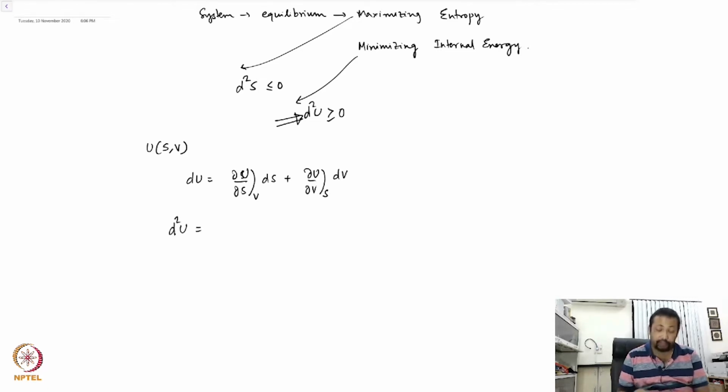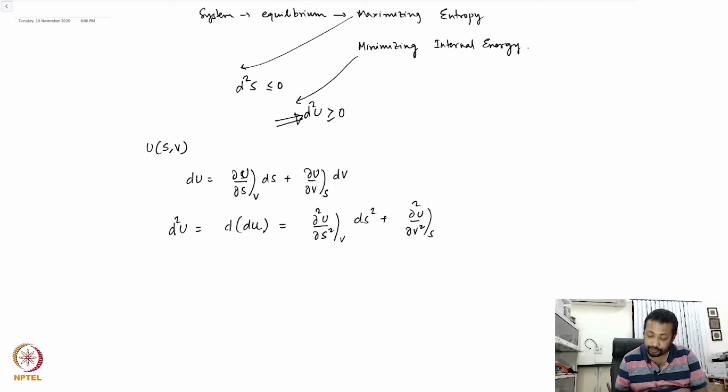I now want to calculate the second differential, d2U, and for that I can just treat dU as a function, and once one does this calculus, one will come up with the expression (del 2U/del S2) dS square plus (del 2U/del V2) dV square plus 2 (del 2U/del S del V) dV dS.